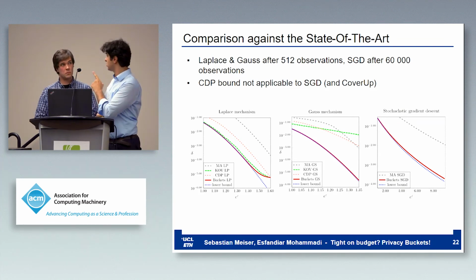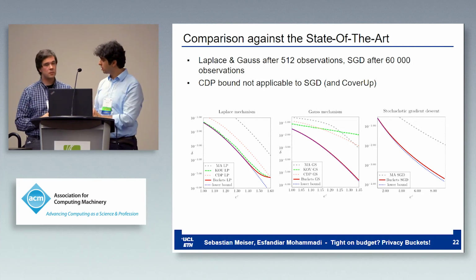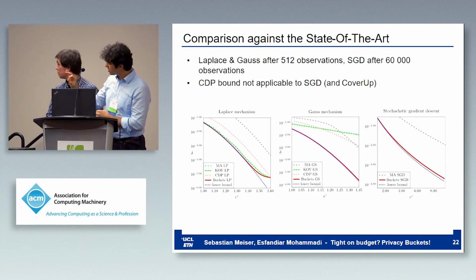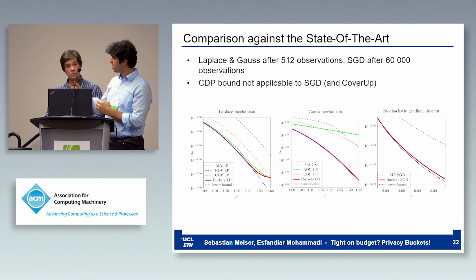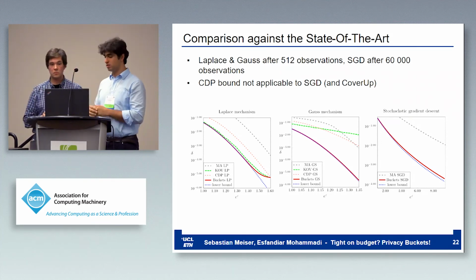If you look at the rightmost graph, though, that's the stochastic gradient descent of Abadi et al. from two years ago at CCS. And there they actually developed the moments accountant in that paper. And you can see this bound is not bad by theirs, but ours is orders of magnitude better. Right.